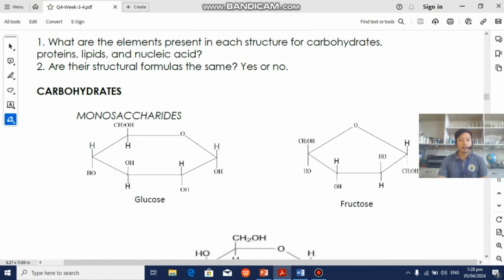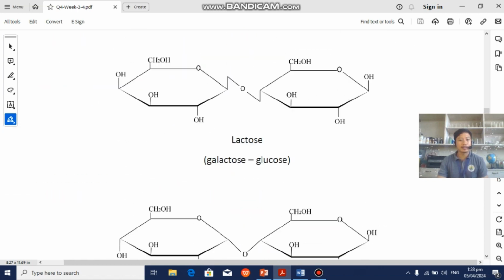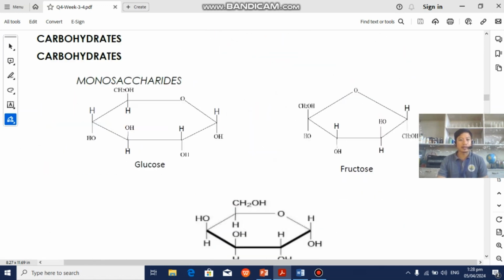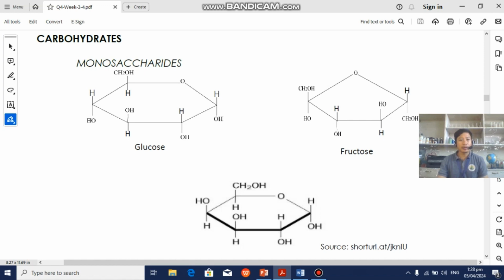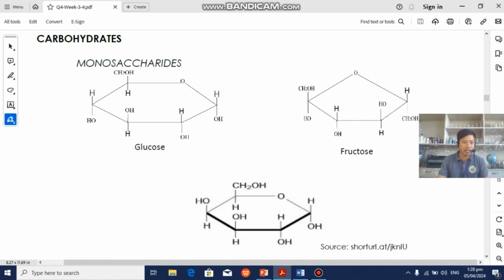For carbohydrates, it can be monosaccharides, disaccharides, and polysaccharides. For monosaccharides, it can be glucose, fructose, and galactose. Monosaccharides, meaning it is a single sugar. Saccharides came from a Greek word, saccharon, meaning sugar, and mono is one or single sugar.